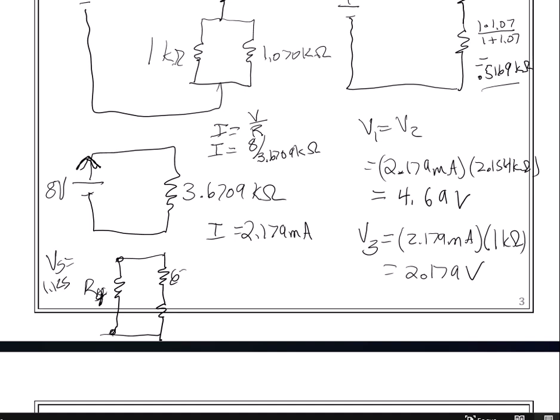This was 680 ohms. This was 390 ohms. And this is R5, and this is R6. So V5 equals the total voltage drop, 1.125, times 680 over 680 plus 390, which equals 0.716.